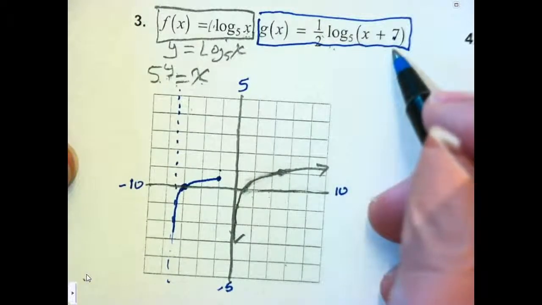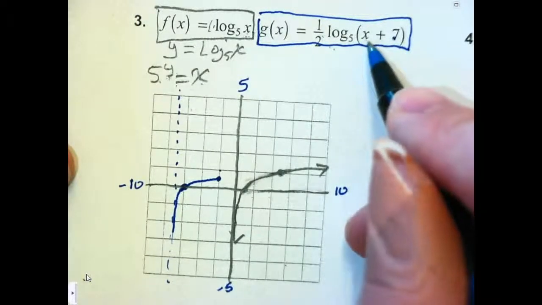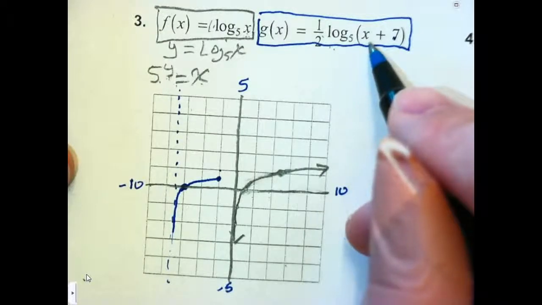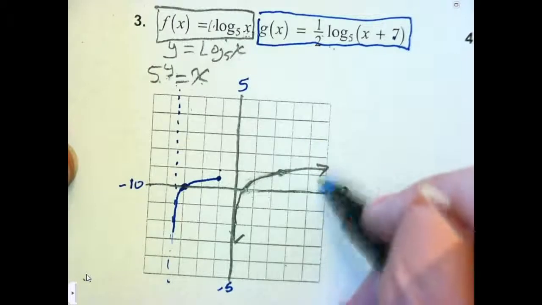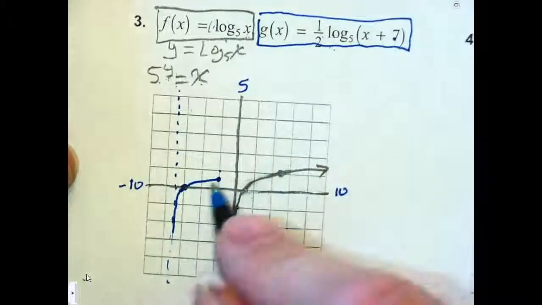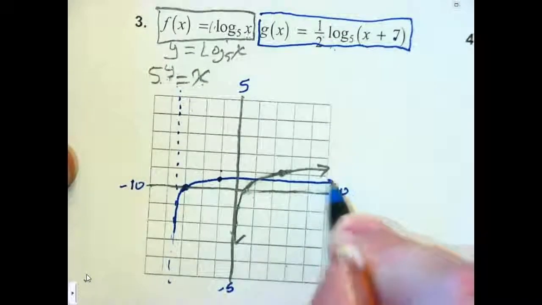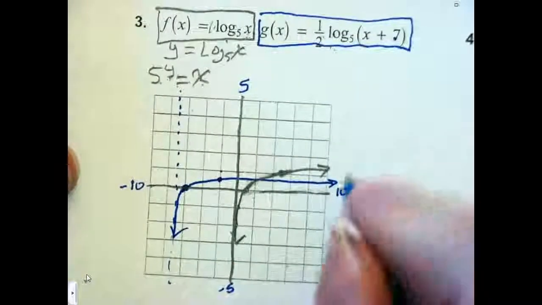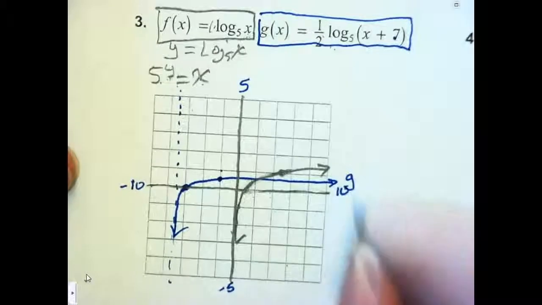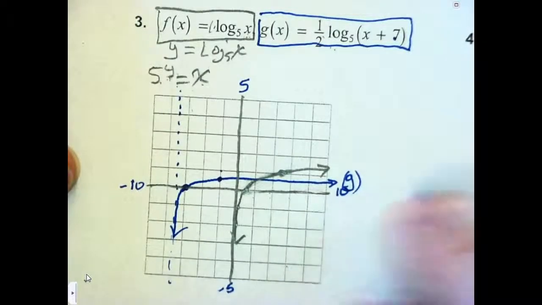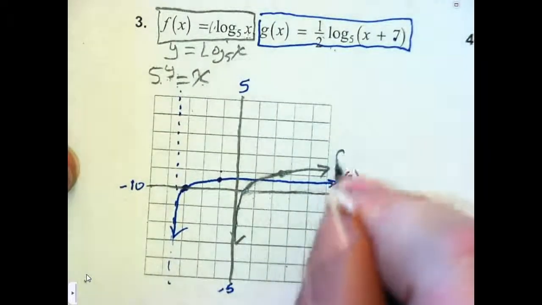Is that it? No. What could I put in to get a power of 5? 18, right? That would give me 25. So I'm not going to see it. It's going to probably do this stuff. It's not going to actually cross that 1. So we're going to have that like there. Okay? 18's not on our graph, so that's what we've got.